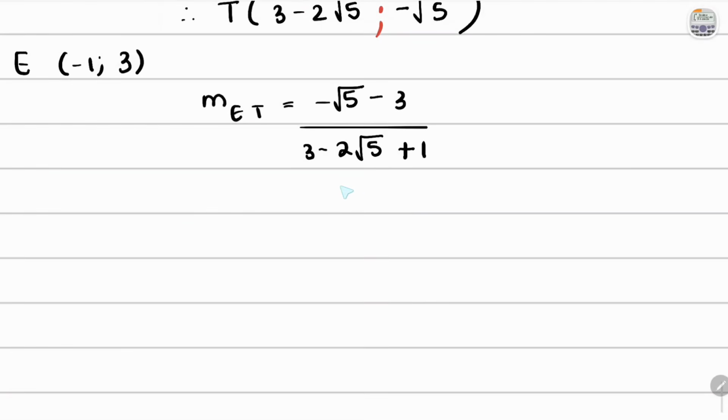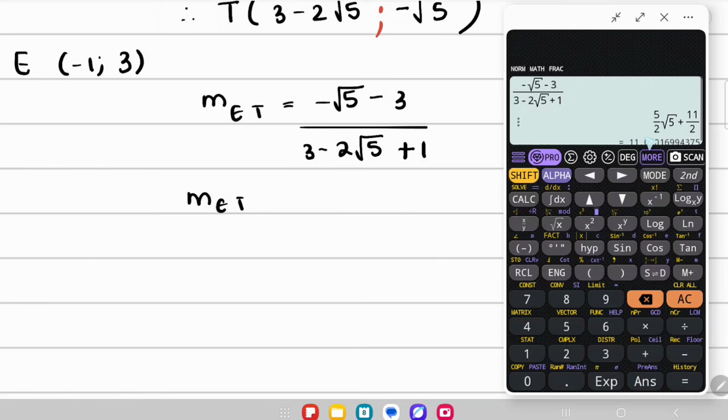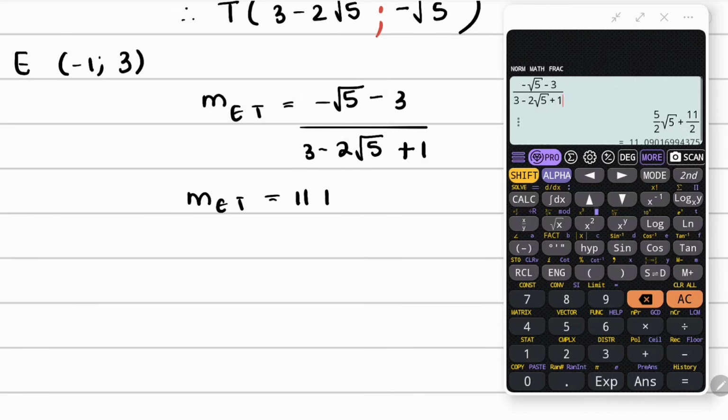Okay, so let's find the gradient of ET. Okay, so this is what it gives us, but of course on the Casio calculator, you can see the denominator, they're both 2, so it's really just going to be we can start with the 11 since it's the whole number there. So 11 on the numerator, of course, 5 square root 5 all over 2.